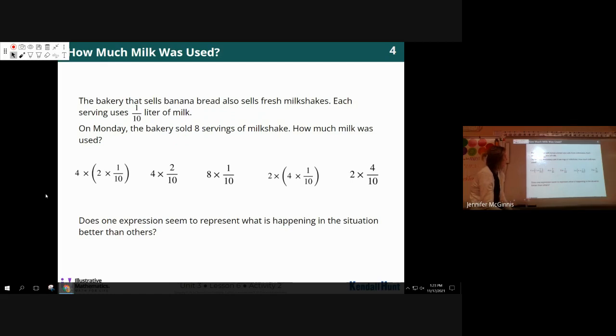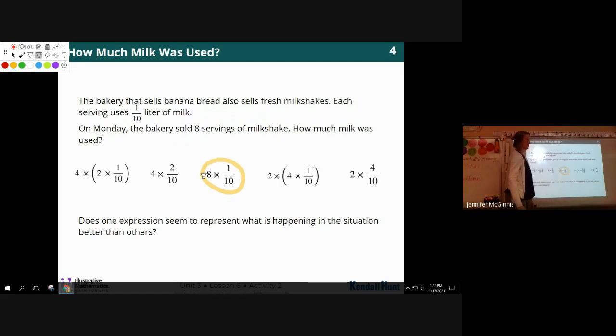Each serving uses 1/10 a liter of milk. On Monday, the bakery sold 8 servings of milkshakes. How much milk was used? Which equation do you like? What do you like, Bradley? 8 times 1/10. This is the one that Bradley likes.